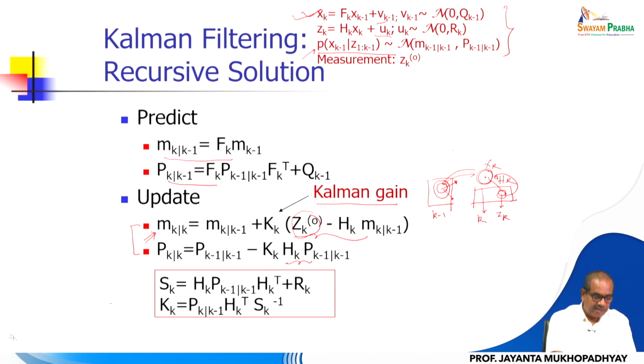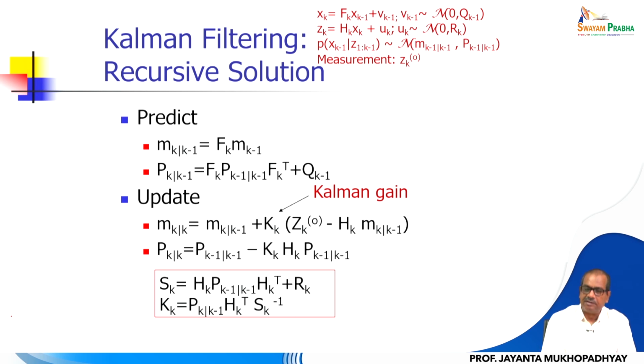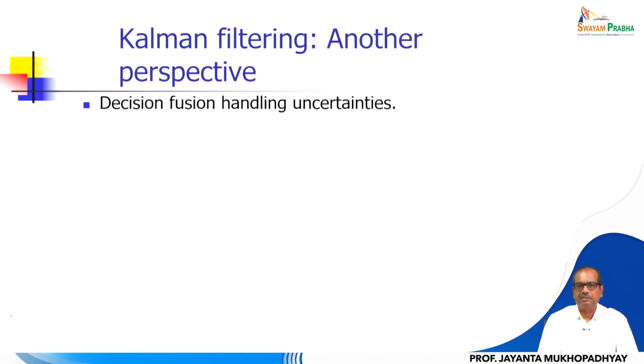Now, today we will still continue this discussion on Kalman filtering, and we will look at a different interpretation of this. From another perspective, we can see that Kalman filtering is a kind of decision fusion process which handles uncertainties. Let me explain that. As you have seen, there are two kinds of observations, decisions.